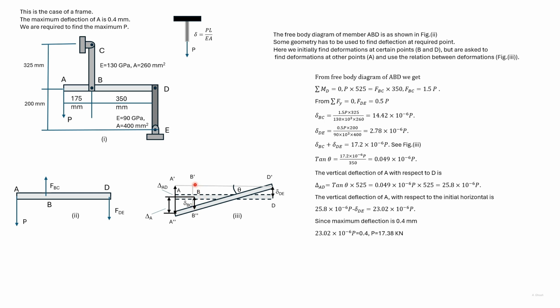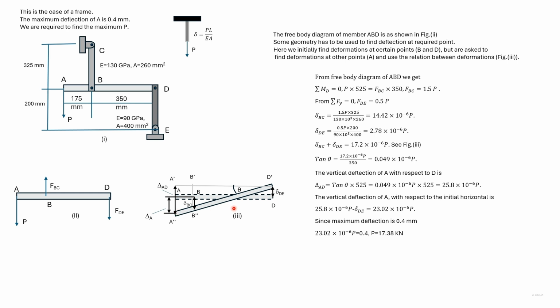We know B dash, D dash, this length. So we can find tan theta. Now tan theta is also given by A dash, A double dash divided by A dash, D dash. So this distance. Now we know A dash, D dash, this distance. So we can find A dash, A double dash or del AD.